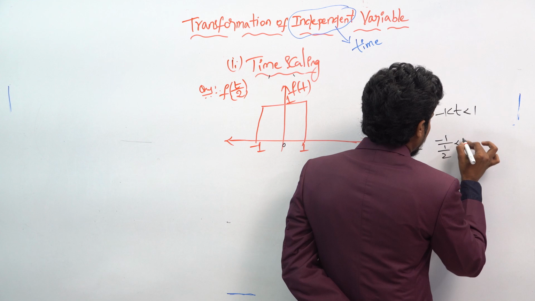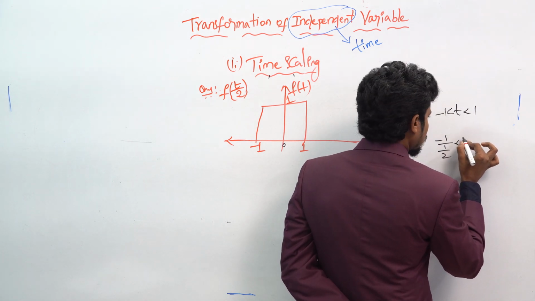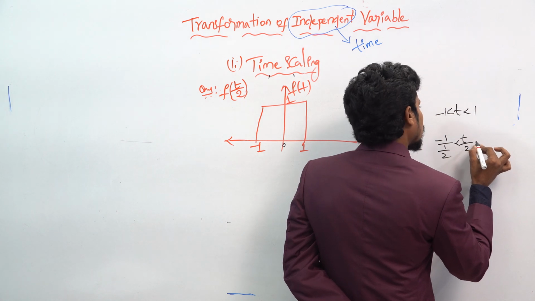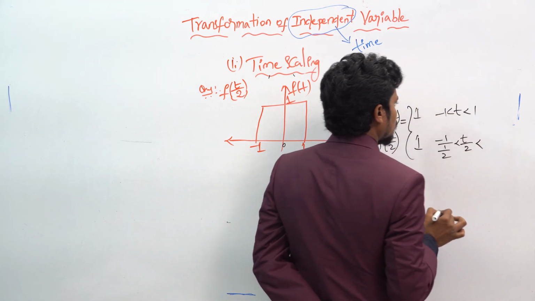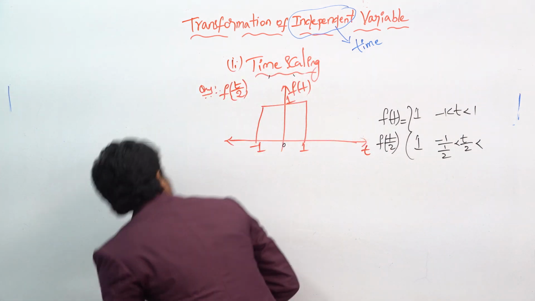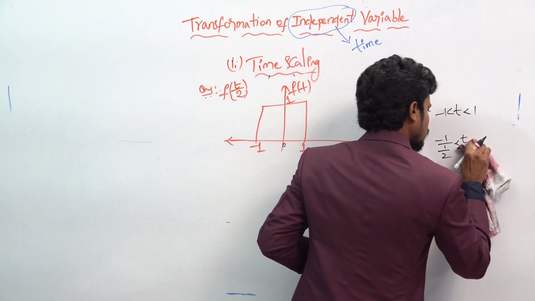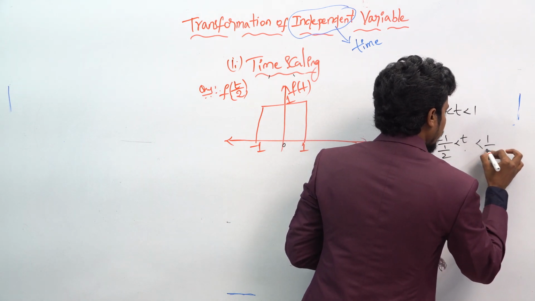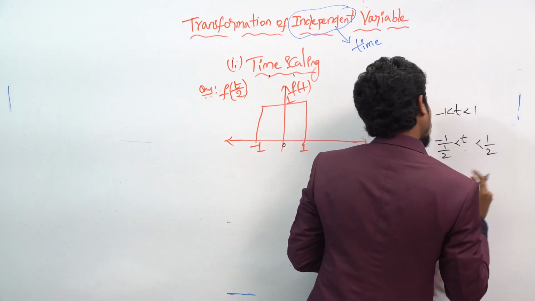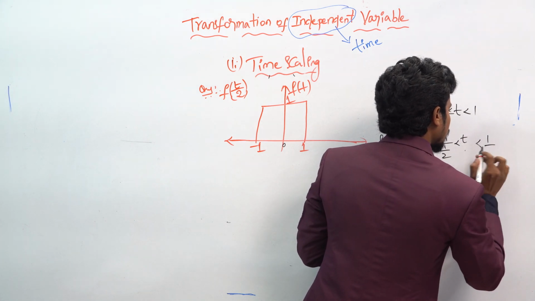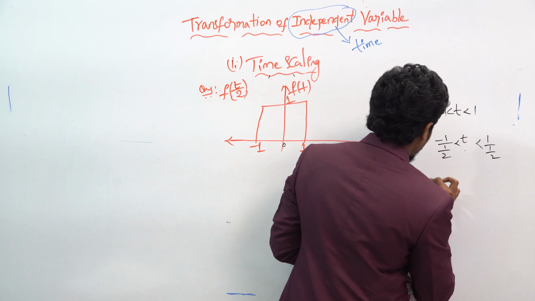So here this will be t divided by 2, and this will become 1 divided by 1 divided by 2. So what will happen?